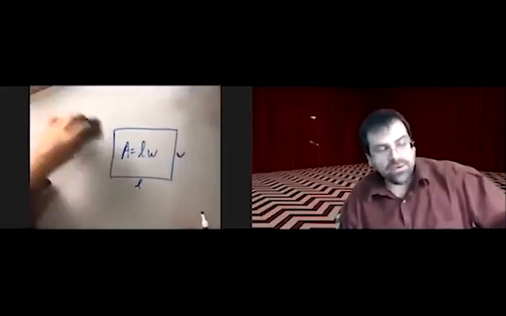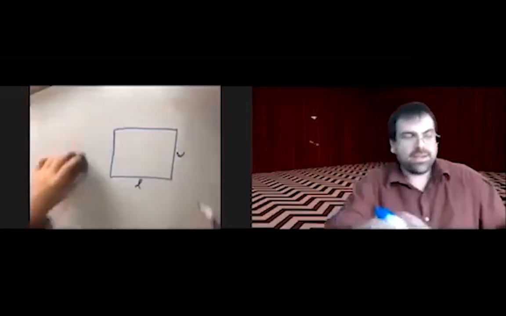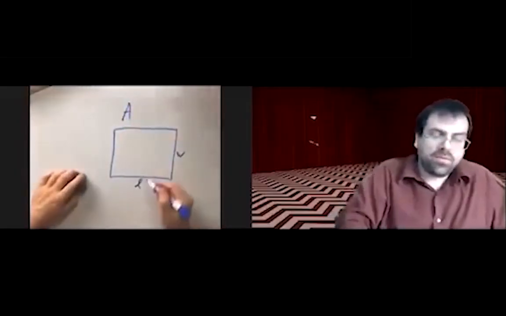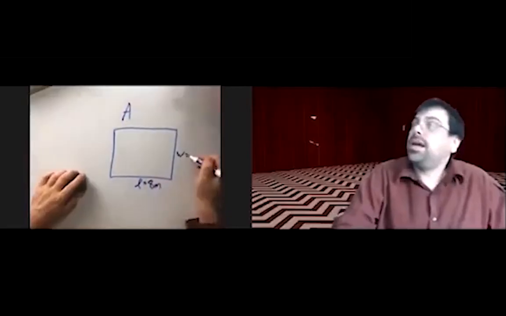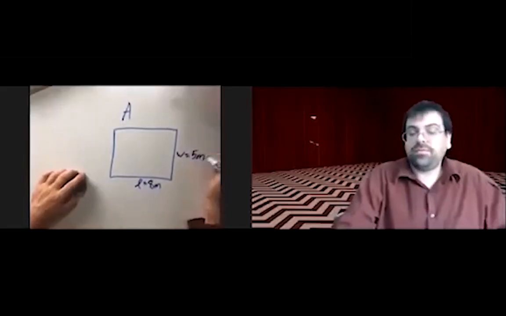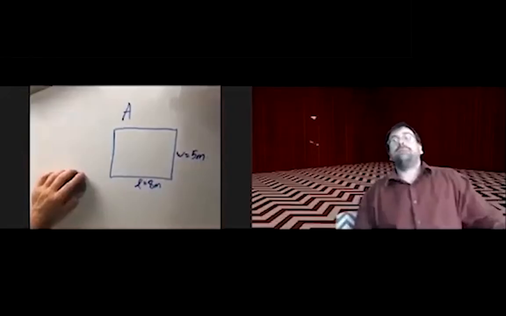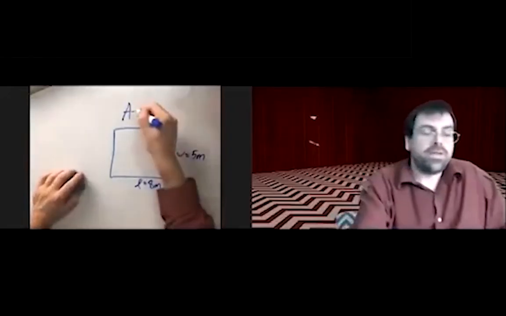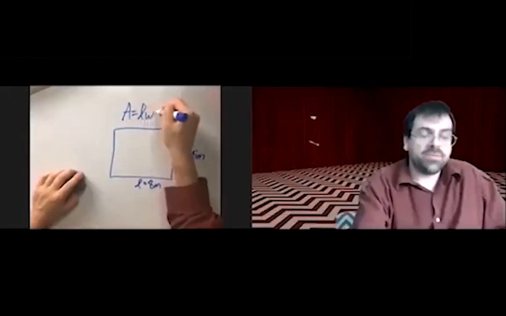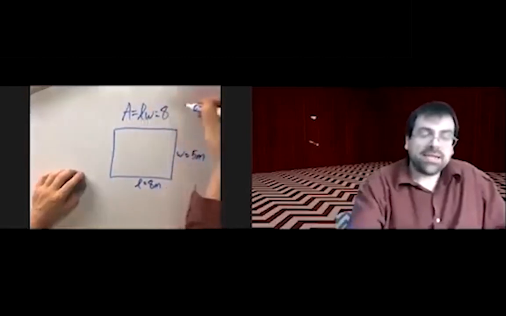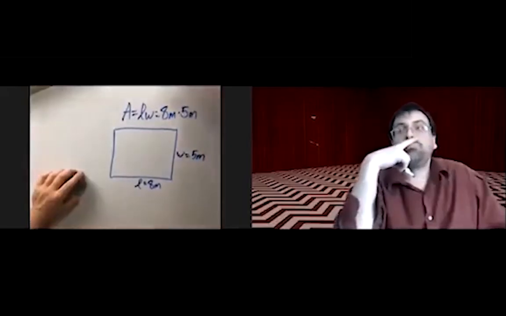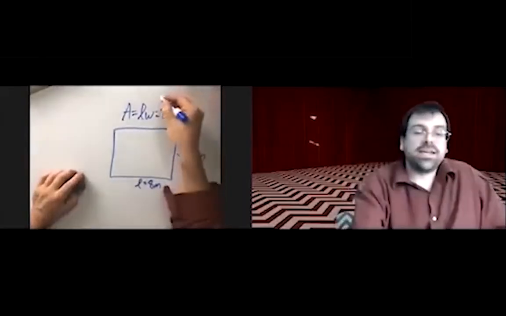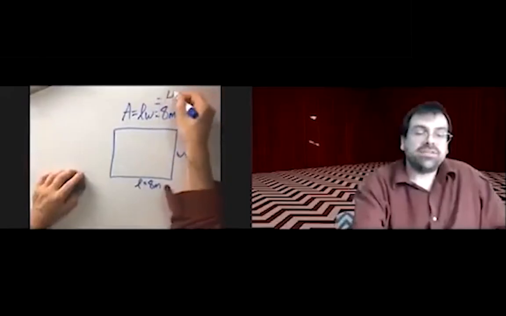So for a rectangle like this, when we have a length of 8 meters and a width of 5 meters, the area would be the length times the width. It would be 8 meters times 5 meters. And we're going to see 8 times 5 is 40.